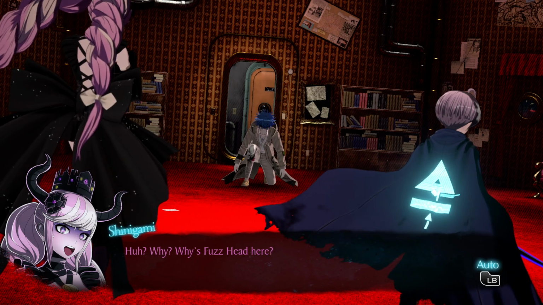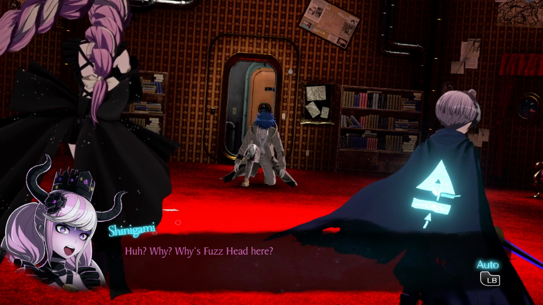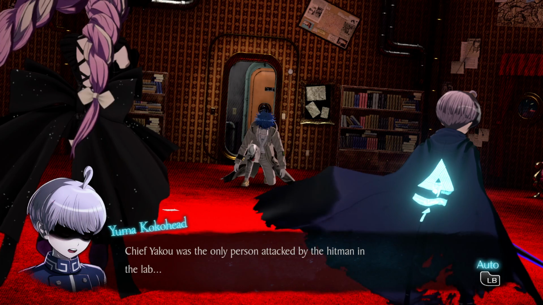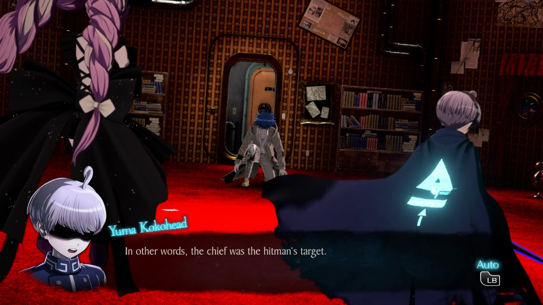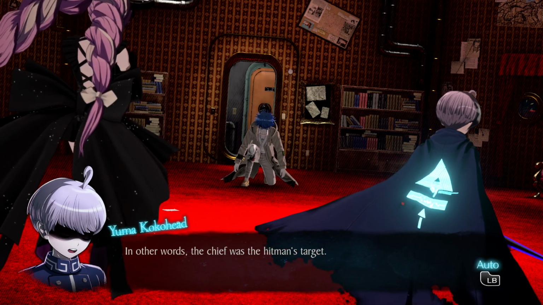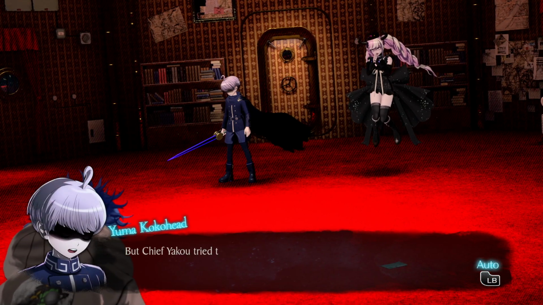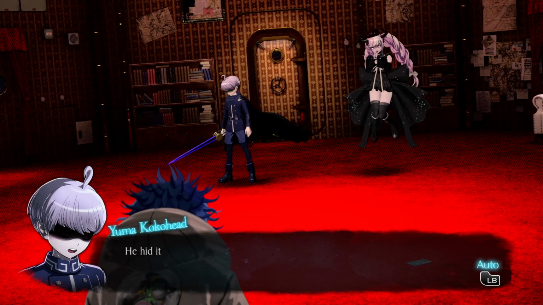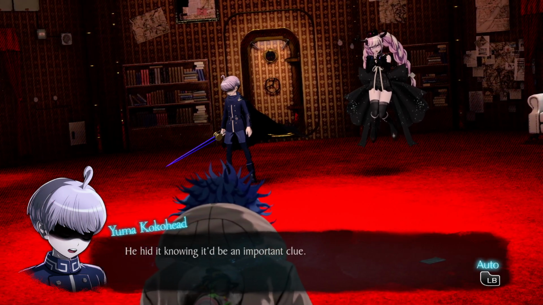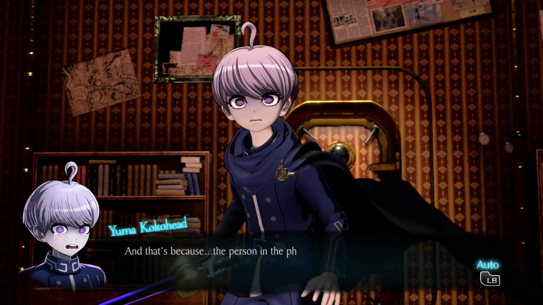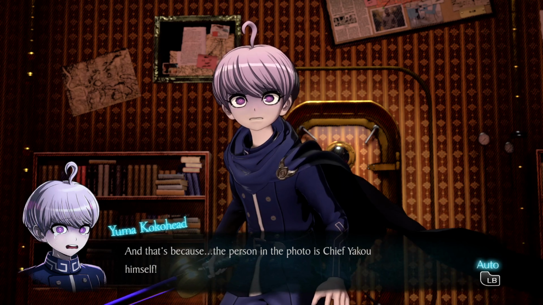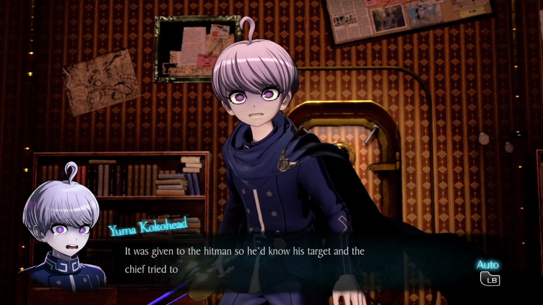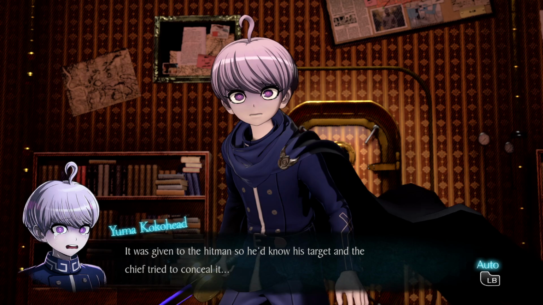Huh? Why? Why is Fuzzhead here? Chief Yako was the only person attacked by the hitman in the lab. In other words, the Chief was the hitman's target. But Chief Yako tried to hide that photo by tossing it behind the houseplant. He hid it knowing it'd be an important clue. And that's because the person in the photo is Chief Yako himself. It was given to the hitman so he'd know his target, and the Chief tried to conceal it.